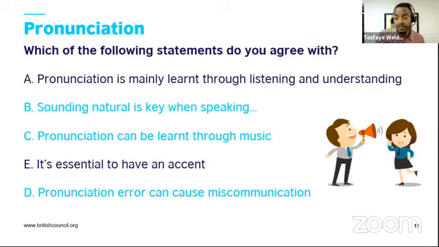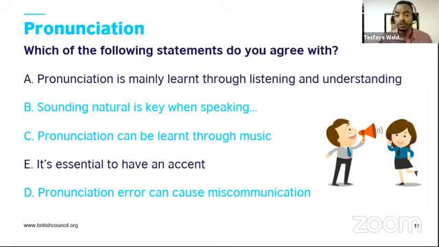Yeah, there's one thing about not having an accent. I mean, you don't have to have an accent as long as your pronunciation is intelligible, understandable. You don't have to have the British accent. You don't have to have the US accent. So you can just make sure that you pronounce the words right and people can understand you, and that's it.